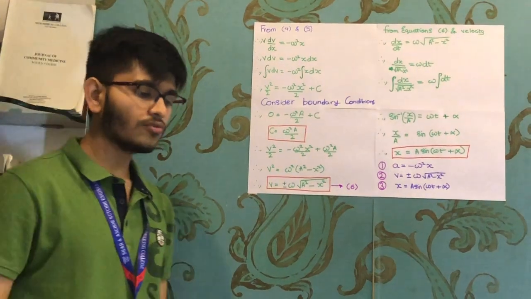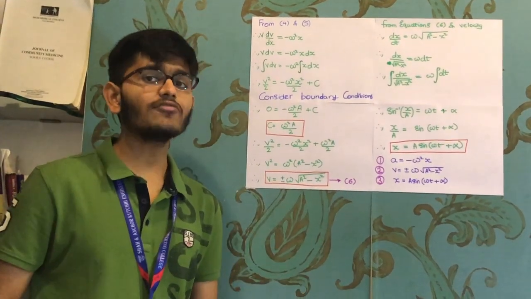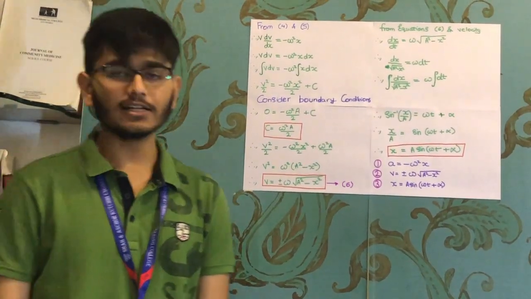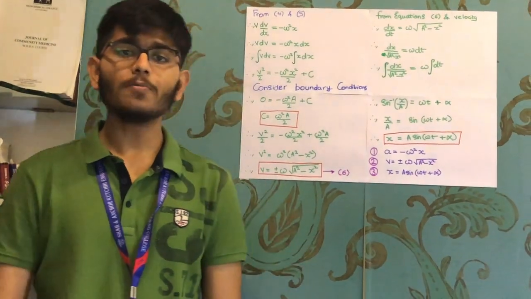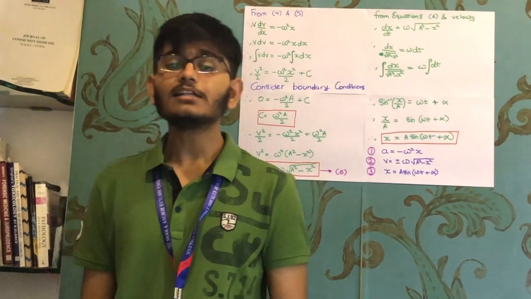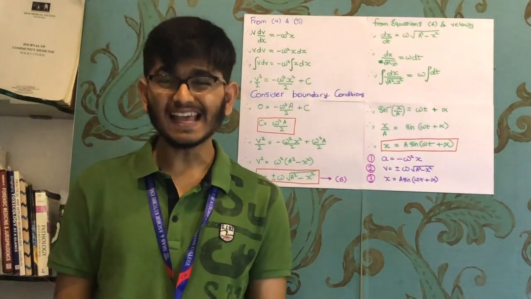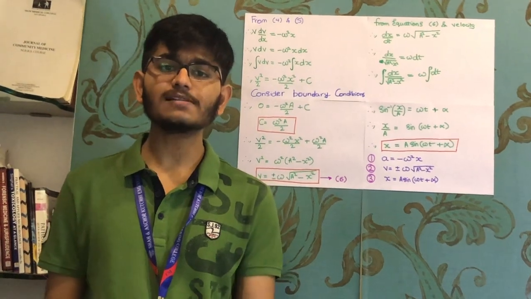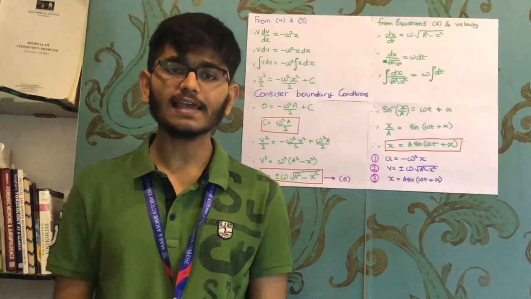To find out this constant, we have to assume the boundary condition in which the bob goes to the extreme position, and at that point the velocity becomes 0 and the displacement, that is x, takes the value of maximum amplitude, that is a.